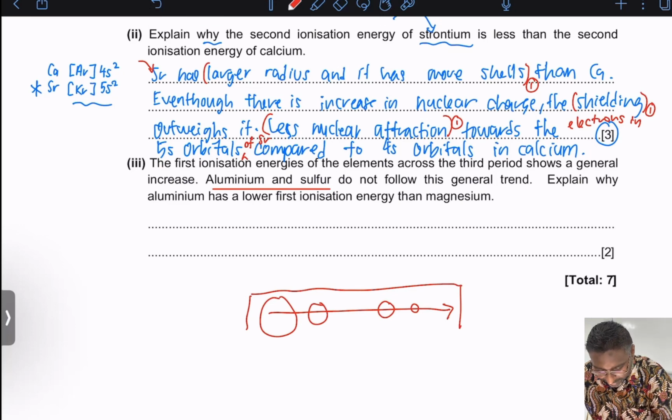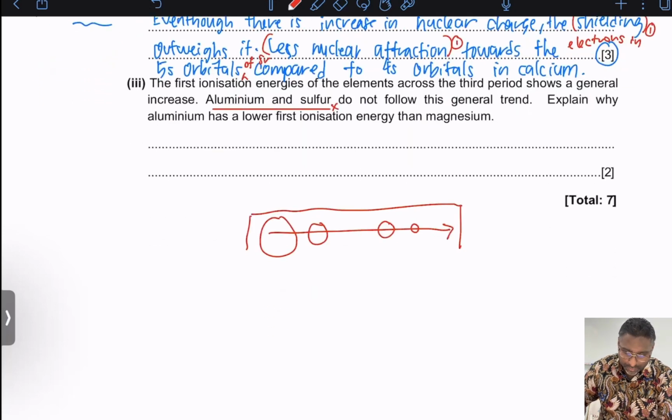Explain why aluminium has a lower first ionization energy compared to magnesium. They say aluminium and sulfur do not follow, and then I'm just asking to compare, so they are not going to talk so much about sulfur. So that is the question over here, and we are going to focus on aluminium or magnesium.